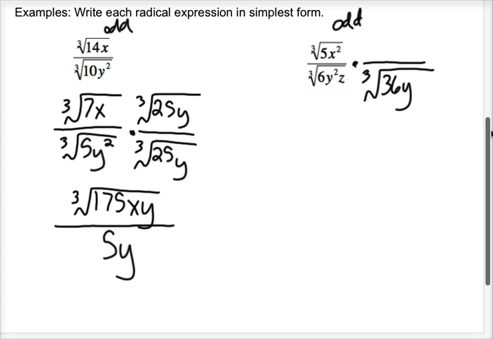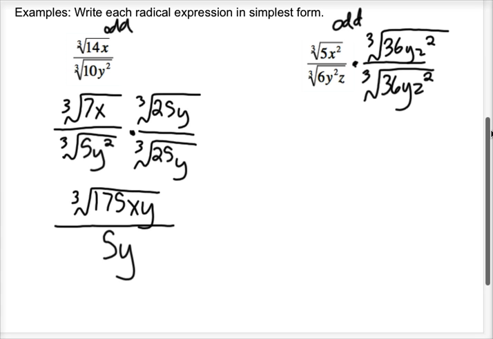I have a z. Now, that means to complete it, I need a z squared, okay, because I need 3 of them. Now again, in the process of rationalizing the denominator, we need to multiply top and bottom by the same thing. So we get that.